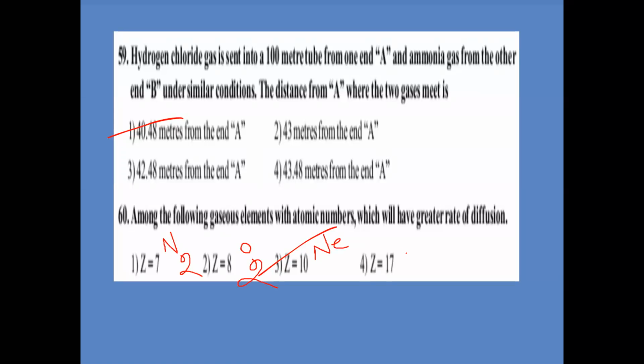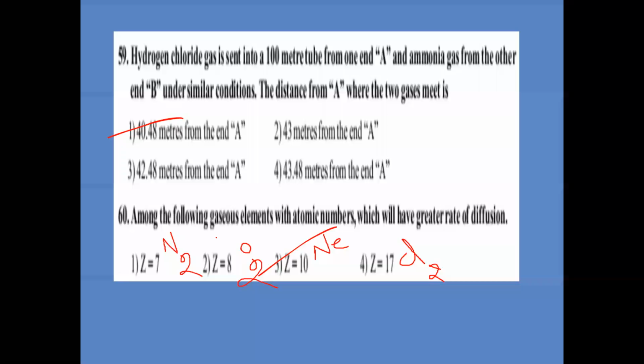And 17 means chlorine, Cl2. Cl2 gram molecular weight is 71. So 71, 20, 32, and 28 are the gram molecular weights.